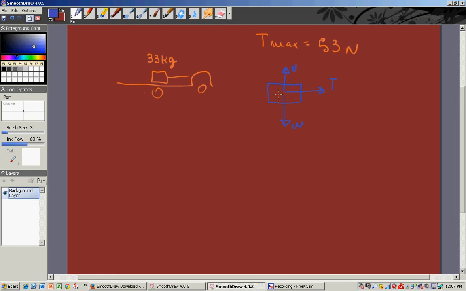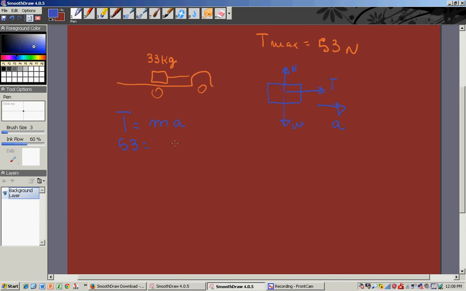And there is, of course, the tension that is holding the crate in place. But it is said there is no friction between the crate and the truck. So let's do the two situations, one with friction and another one without friction.